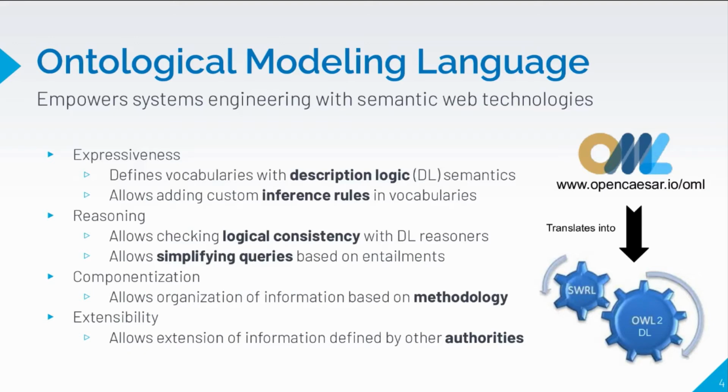In the first role, creating vocabulary for your systems engineering, I would say that it's playing the same role as, for example, MOF or ECORE, except that it's adding extra value on top. For example, the first is that it's rooted in description logic.